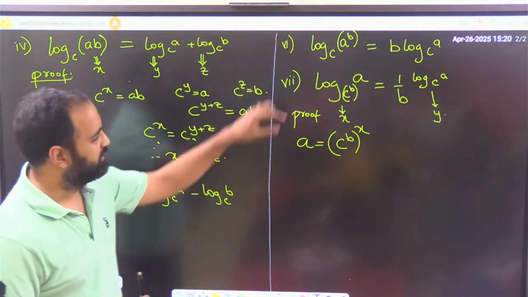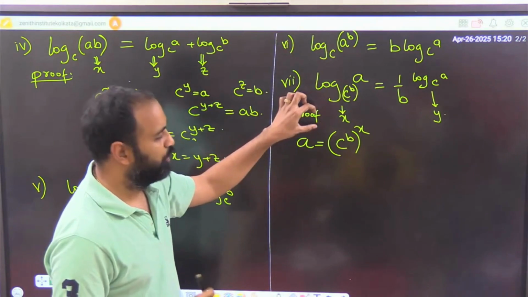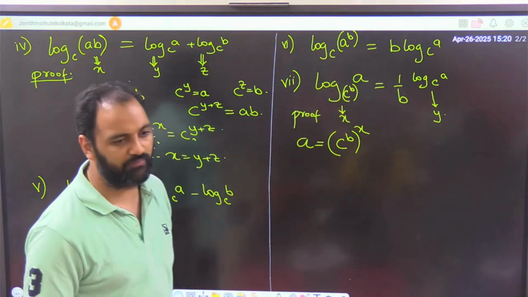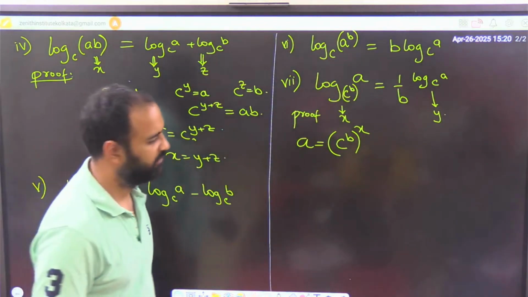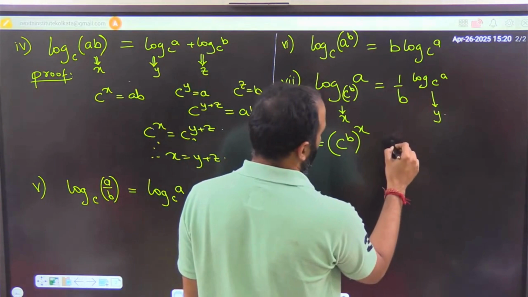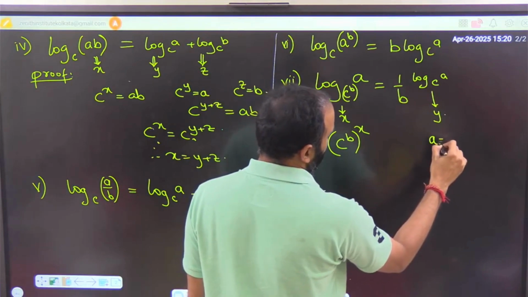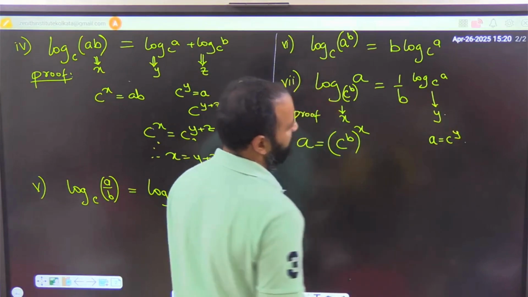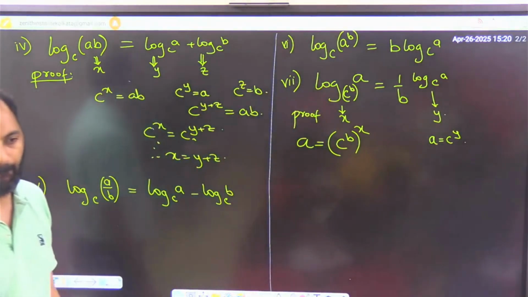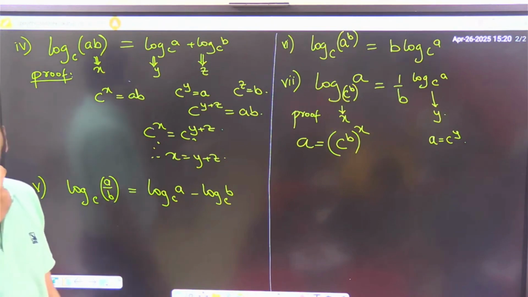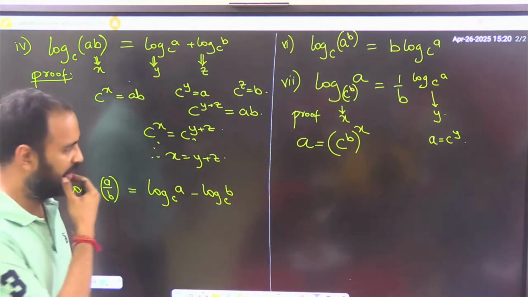If we say that this is equal to x, converting it into exponential form, the number would be the base raised to the power of the exponent. And what do we get from here? a is equal to c to the power y. Does anyone follow this? Okay.